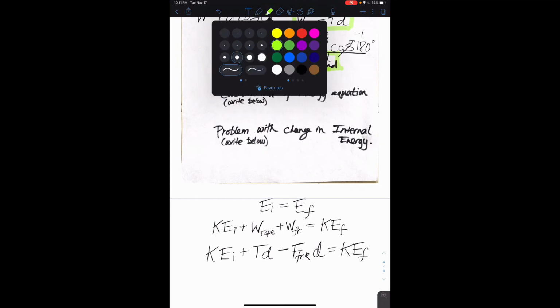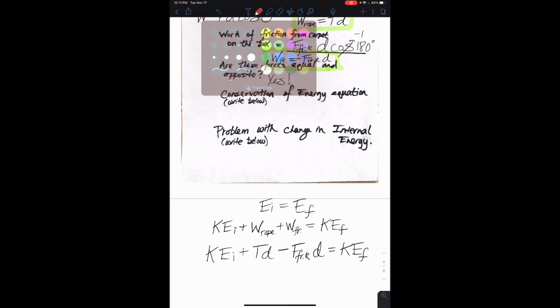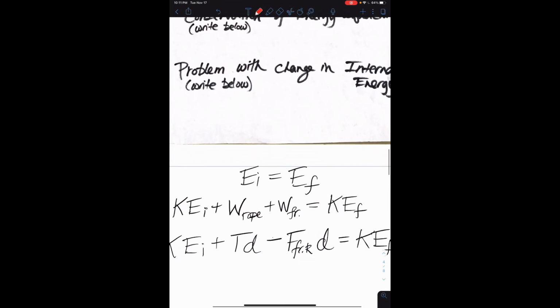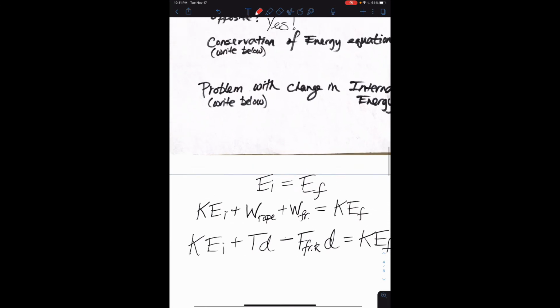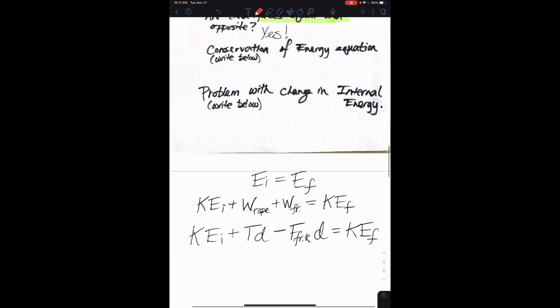But anyways, what we can see is these cancel, right? That TD, because force friction by magnitude is equal to T, right? This is like almost saying TD minus TD, right?